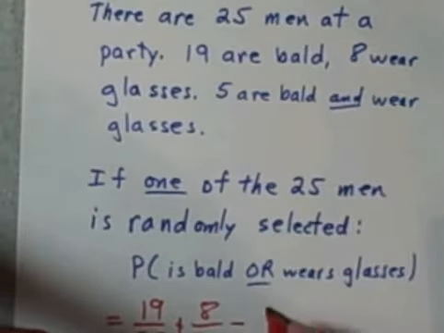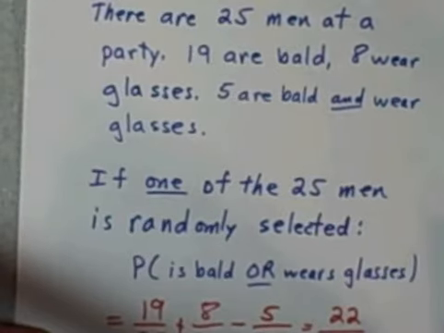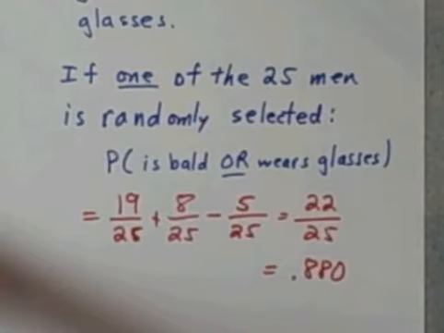So we have to back that out because we don't want to count them twice. So 19 plus 8 is 27, minus 5 is 22/25, which is equal to, as a decimal, 0.88, or if you want it to 3 decimal places, 0.880, which is an 88% chance of getting a man that is either bald or wears glasses.